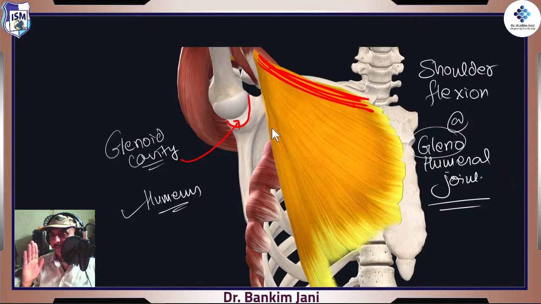This is a very shallow cavity. When you'll be learning lower limb, you'll find the acetabular cavity is big. The head is actually inside, only the neck is coming out, and then it moves. Because in lower limb we want stability, and in upper limb we want mobility. So that's why it is a shallow area on which the head is rolling, so that you get better, bigger movement.